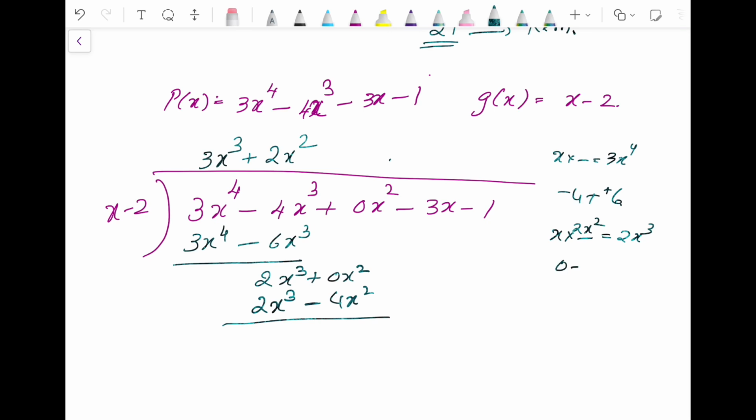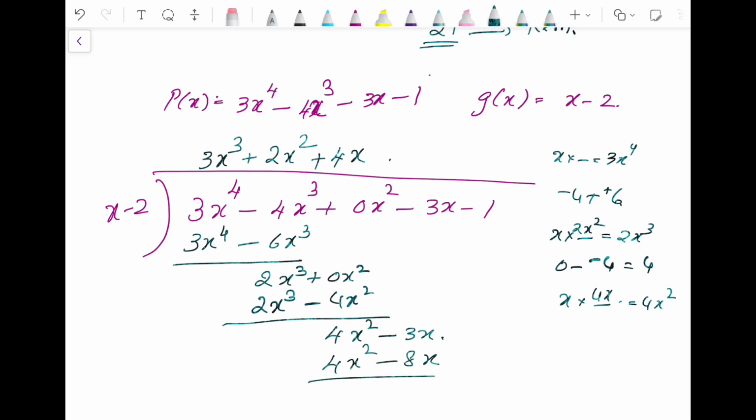Now, 0 minus minus 4 equals plus 4, so 4x squared minus 3x. Now, x into something is equal to 4x squared. So, 4x you have to multiply. So, plus 4x squared minus 8x.